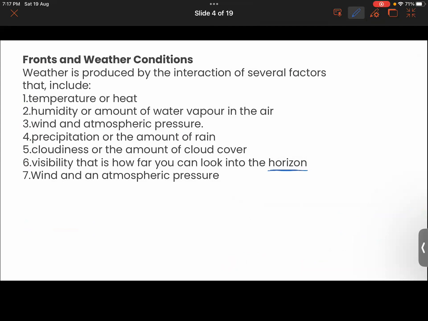Look, it is nothing but an illusionary line, right? Whenever you see the sunset, let's say the sun is dipping into the ocean, it seems like it is dipping into the ocean. That line is the horizon.